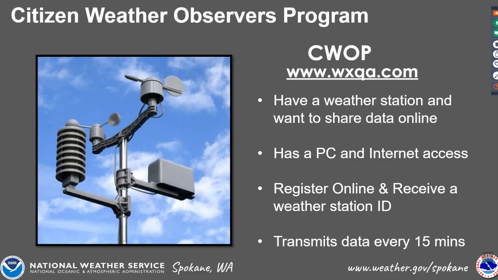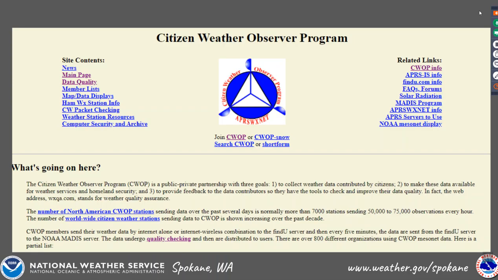There's also the CWOP program. That's for if you have a local weather station at your house. You can log in and create an account with CWOP. And that is the information that would show up on our maps in our office of other local things. That would be temperature, it could be winds, it could be precipitation amount. It's all incredibly helpful. This is the CWOP website. You just go into Google and type CWOP and this will pull up.